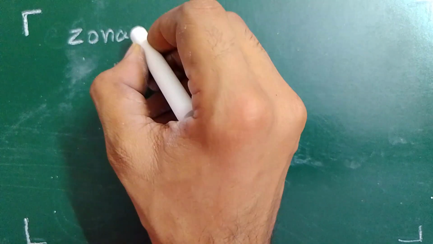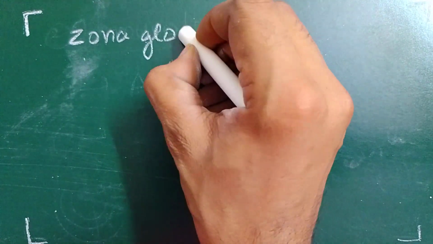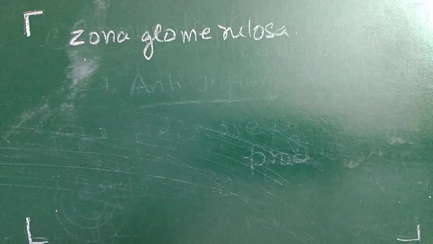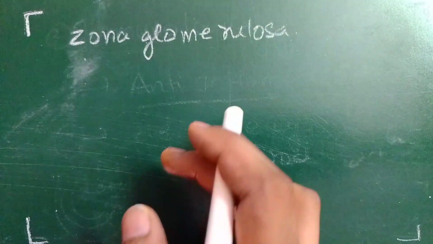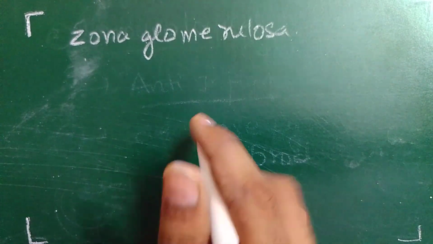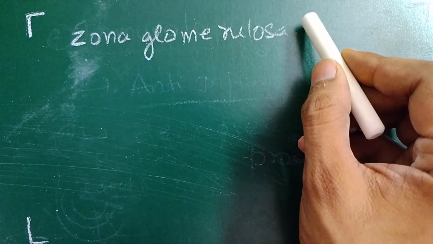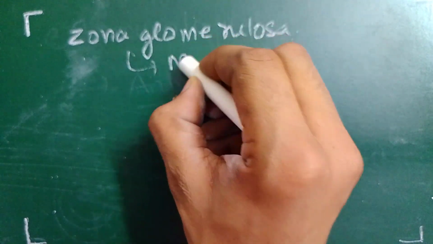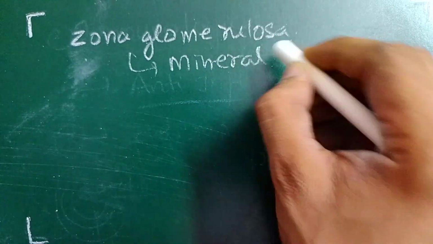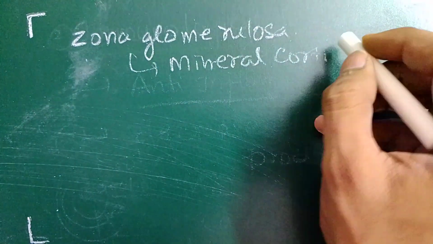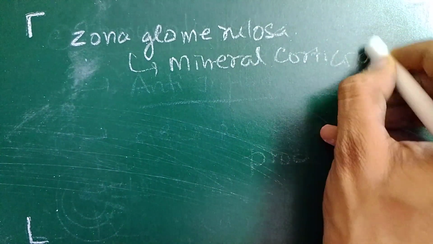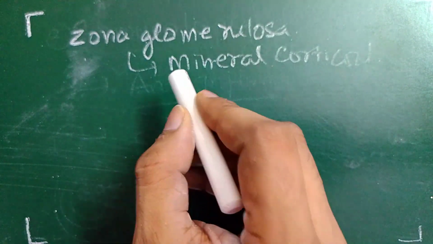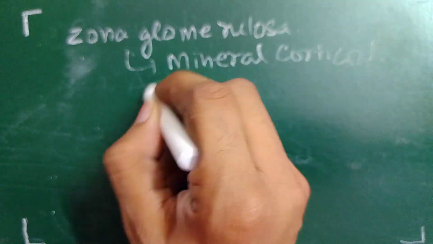It is the outermost layer of the cortex, which makes mineralocorticoid. And as we know, the example of mineralocorticoid is aldosterone.